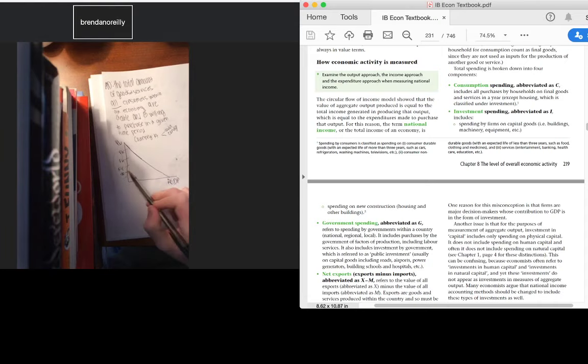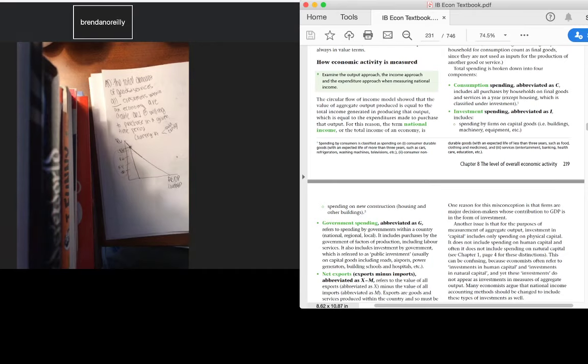So basically what this aggregate demand curve is saying is that at a price level of $8, the consumers are willing and able to buy less, because this is also output of candy and soda combined, because it is a higher price. So naturally, when something's a higher price, people demand less of it. But at $6, consumers will begin to demand a little bit more because they're able to afford it.